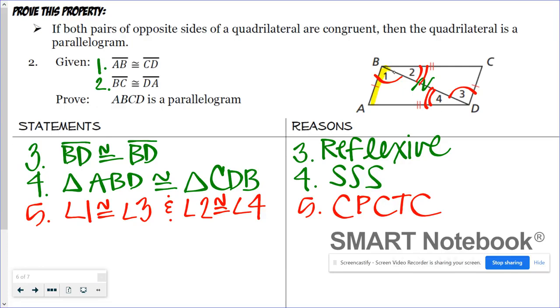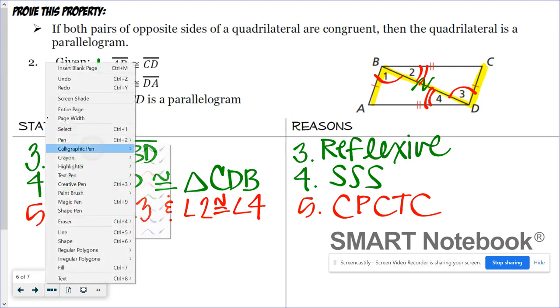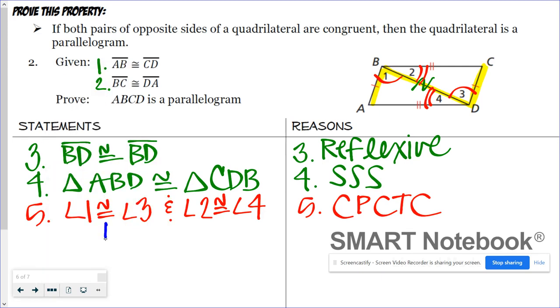So if you look, here's angle 1, and here's angle 3. The fact that angle 1 is congruent to angle 3 allows us to prove that AB is parallel to CD.